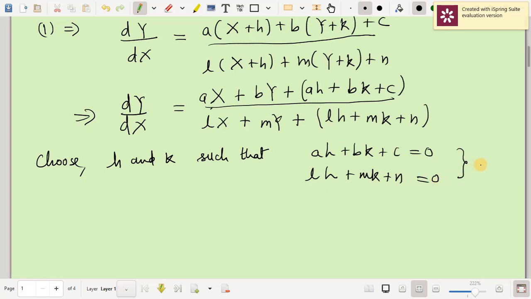This is a system of linear equations with unknowns h and k, which you need to determine. I will call this 2.